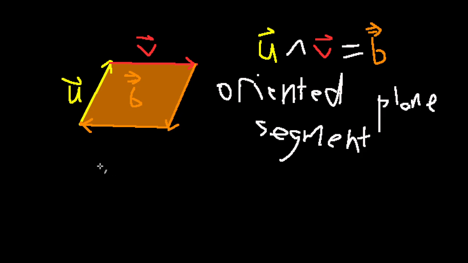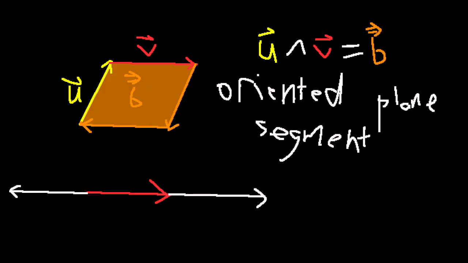Well, let's start with, say, vector v again over here. Let's just go ahead and draw that. So vector v is actually considered a part of a line. You can imagine that this is the line over here that vector v is on.